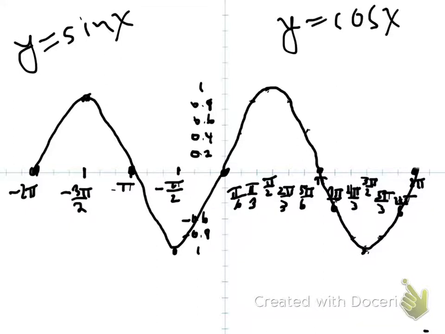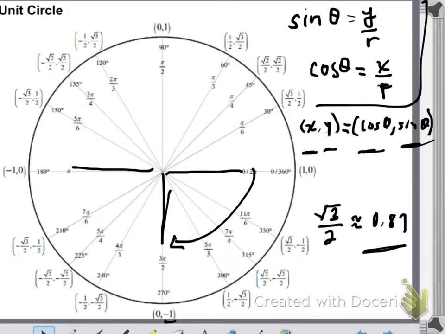Alright, and so I'm just going to deal with those 5 points: 0, pi over 2, pi, 3 pi over 2, and 2 pi to make the graph of cosine of x. So the cosine of x represents my x coordinate here.